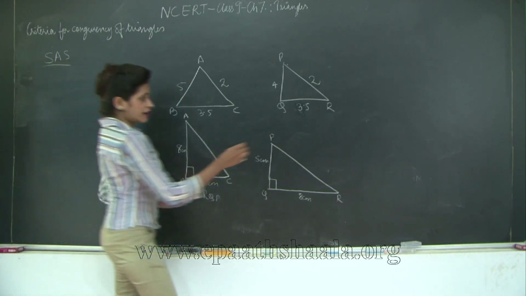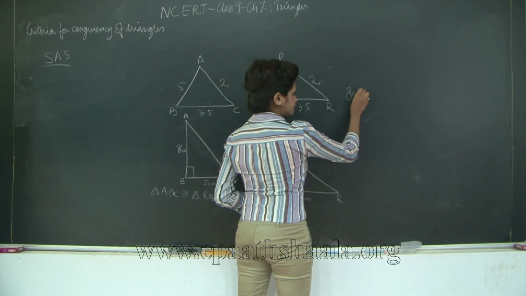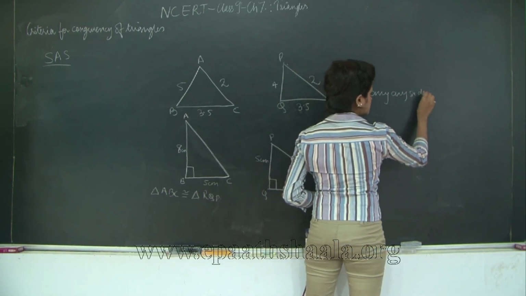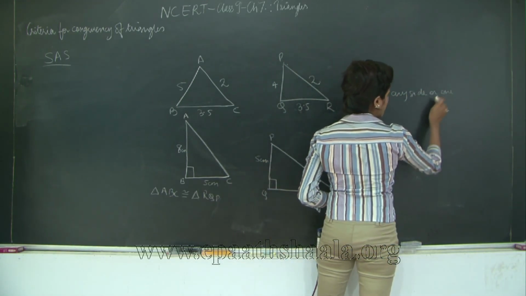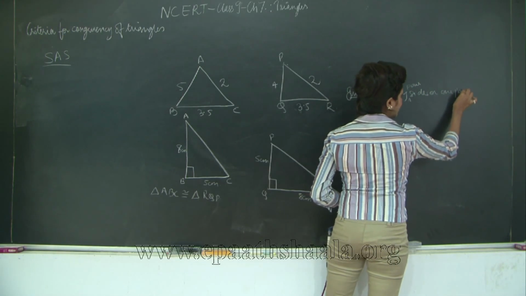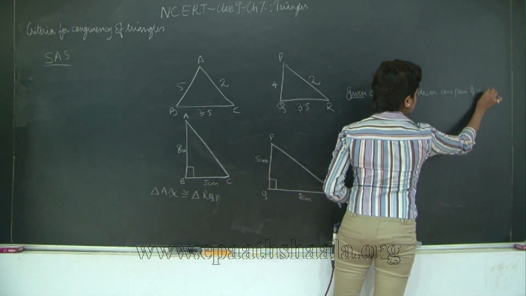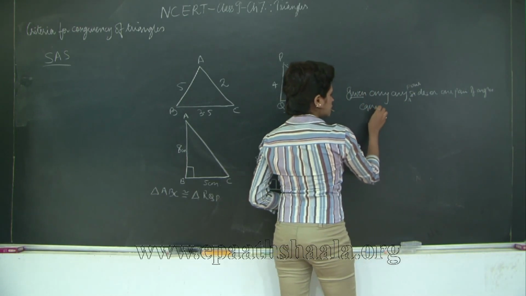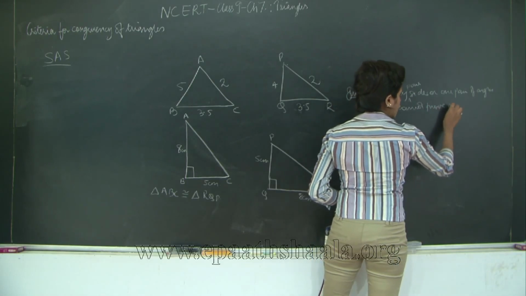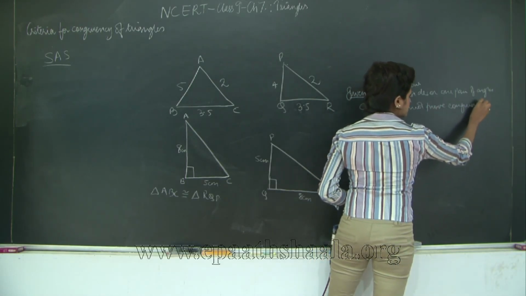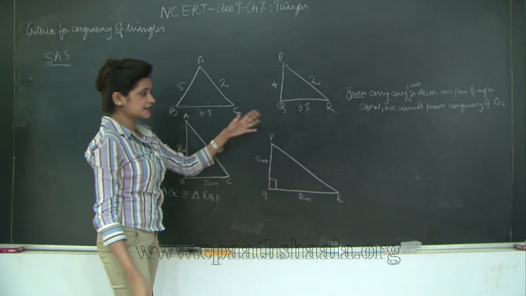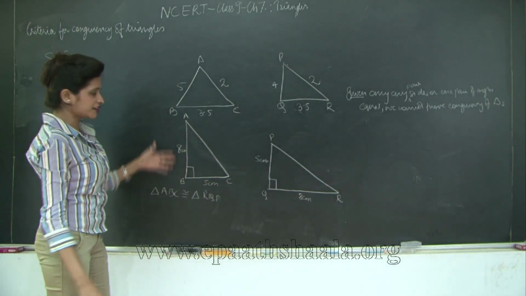So therefore what you can say is, given any one side or one pair of sides or one pair of angles equal, we cannot prove congruency of triangles, which is the case that we had seen before modifying my triangle ABC.